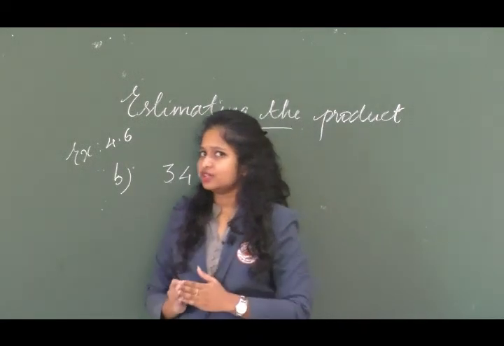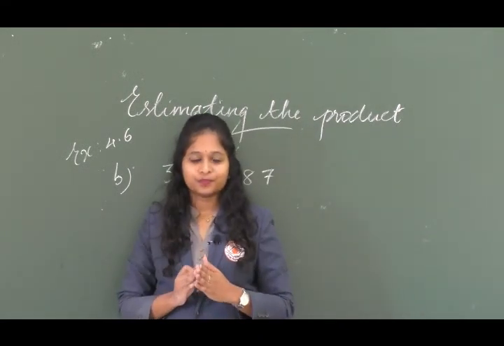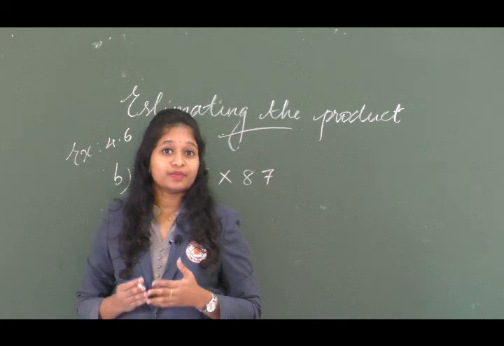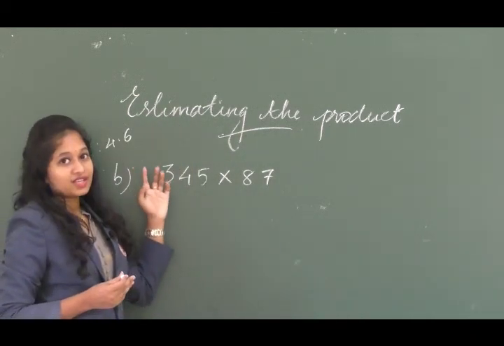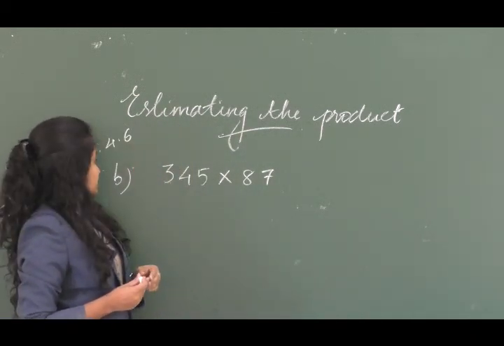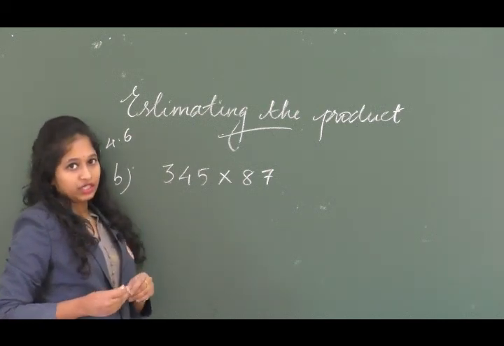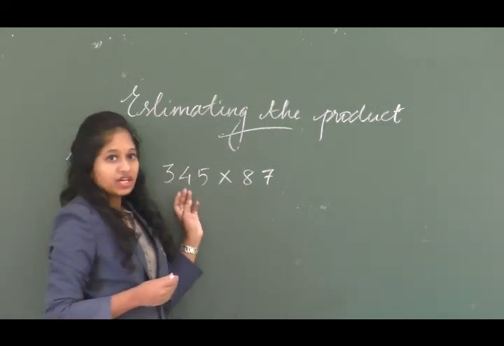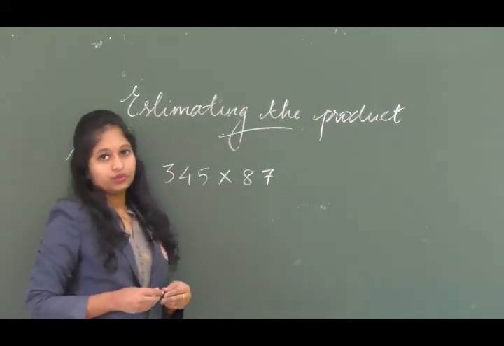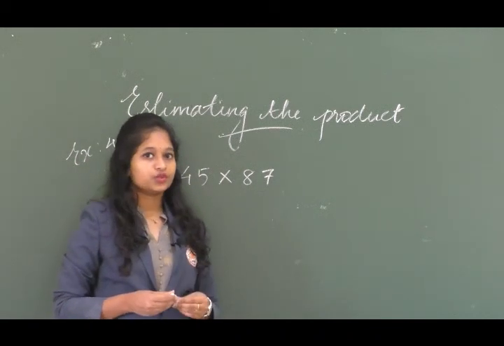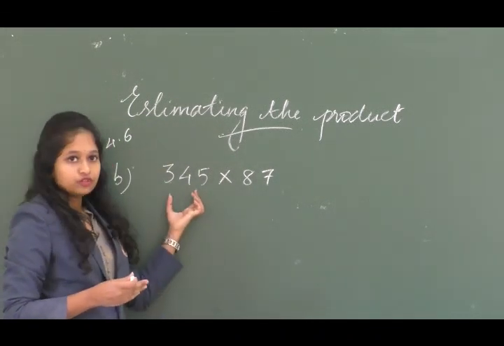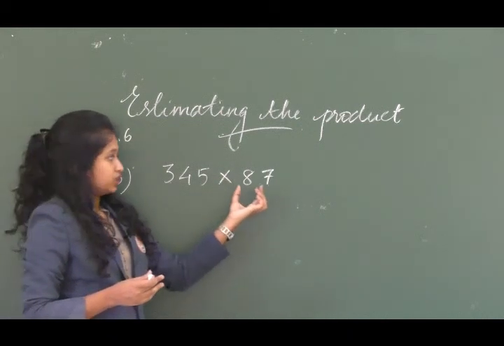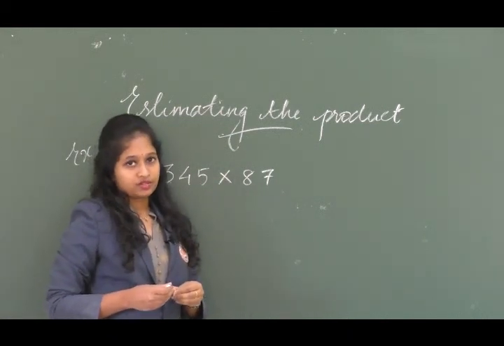We have already learned estimation, right? How to estimate the product? I have a question from exercise 4.6. Question B. 345 into 87. How to do that? We have to round off each number to its higher places.